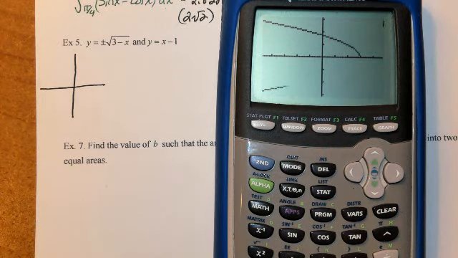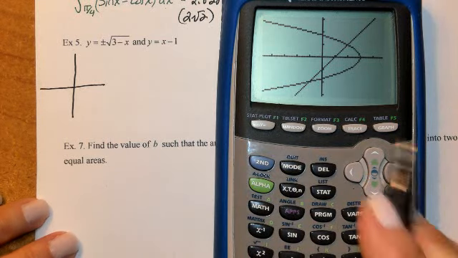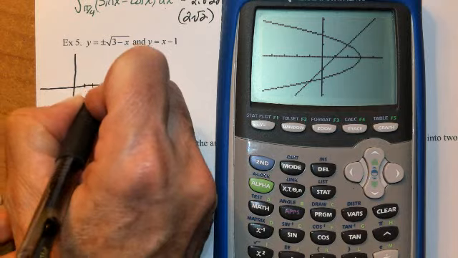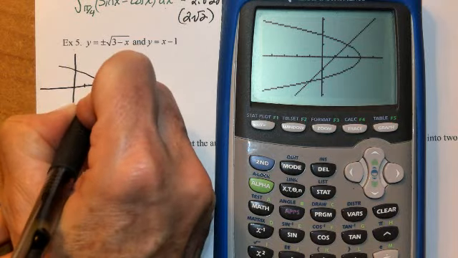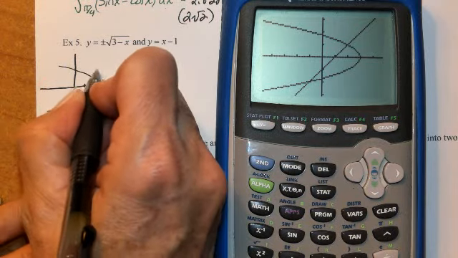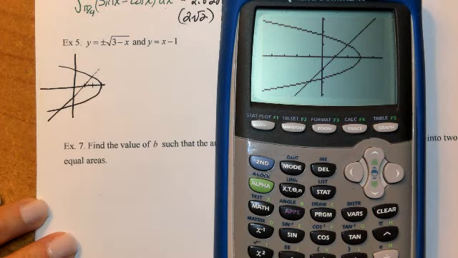There are the 2 square roots, and here is your line. Okay, I'm just going to sketch this out. Where is that at? 1, 2, 3. Looks something like that, right?